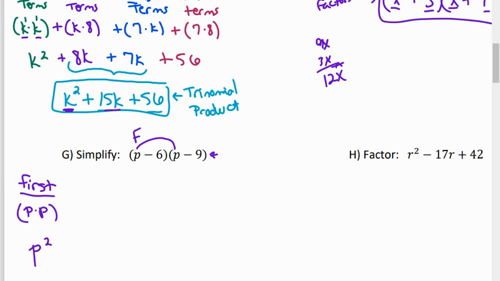Then if you multiply your outside terms, so the p is on the outside of this binomial, the -9 is on the outside of the other, so the sign that's in front of it has to go with it. That's another important fact. So we're taking p times a -9 on the outside, which will be -9p, because a positive times a negative is a negative.